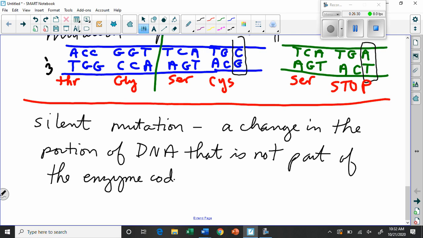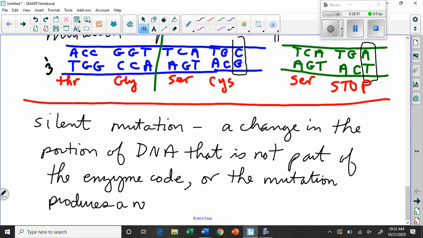So you'll remember the introns and things. Or remember that there's redundancy built into the system. Or the mutation produces a new code for the same amino acid. Because remember, some of the amino acids have more than one code, right?